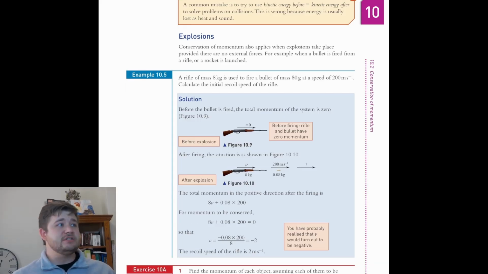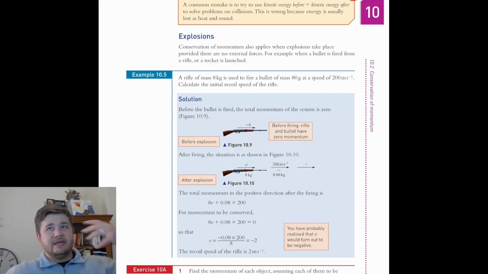Okay, explosions. Now, explosions are nothing different from a collision, except we are now colliding energy with particles. But that doesn't matter, because an explosion, especially if we take the example of a rifle being fired, is just gas, which has mass and velocity, expanding, hitting something and transferring its momentum to that object.